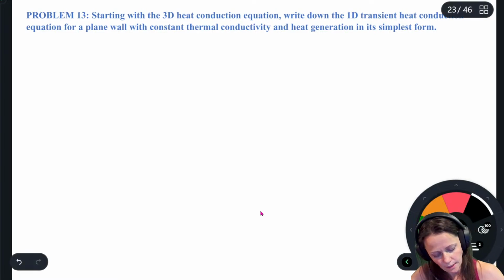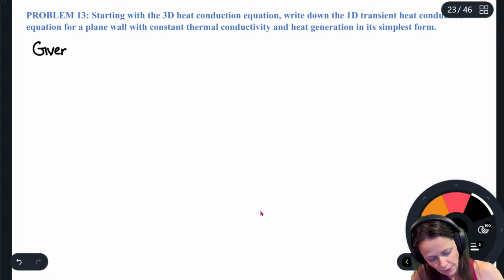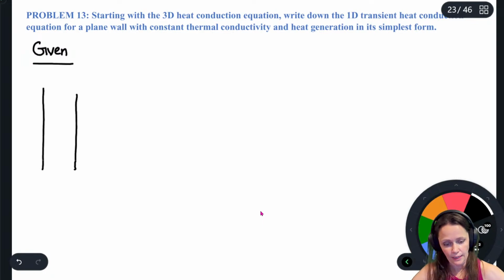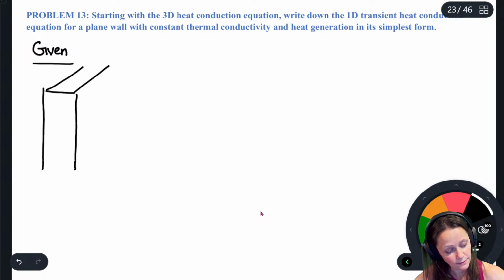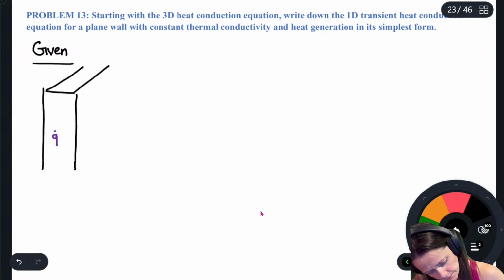Okay, so easy peasy. So we have a plane wall. There's our plane wall. It said we do have heat generation. Or we don't have heat generation. No, we do. So we have a q dot.